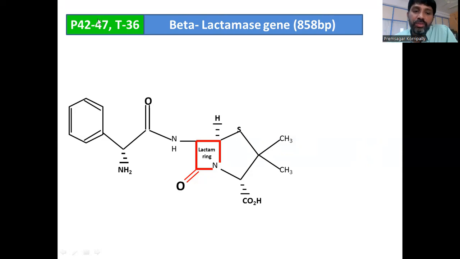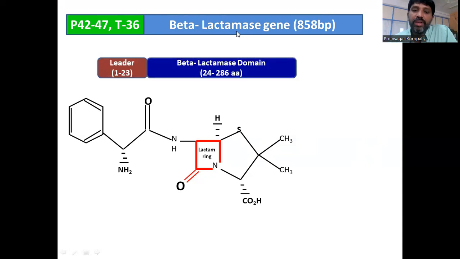The enzyme RNA polymerase binds to the promoter and initiates transcription, and mRNA is produced. That mRNA is converted to protein upon translation, which will have 286 amino acids. The complete beta-lactamase protein has 286 amino acids.